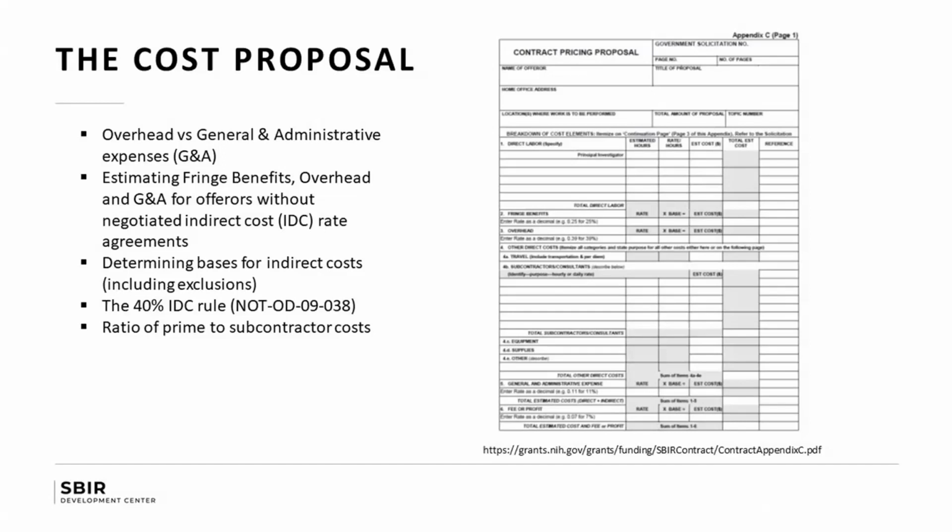So that would include things like the president's office, the human resources office, accounting, office supplies that everybody uses. And that, I think, is a good definition to keep in mind as you navigate through this Appendix C and fill out the figures and the values in it.